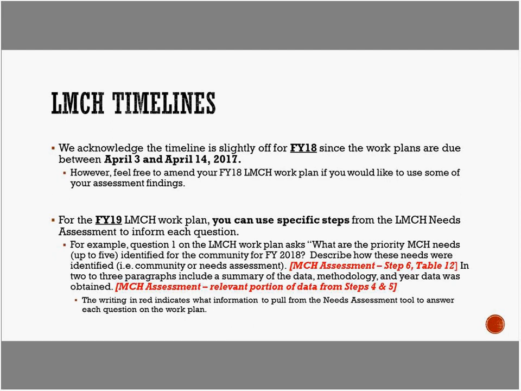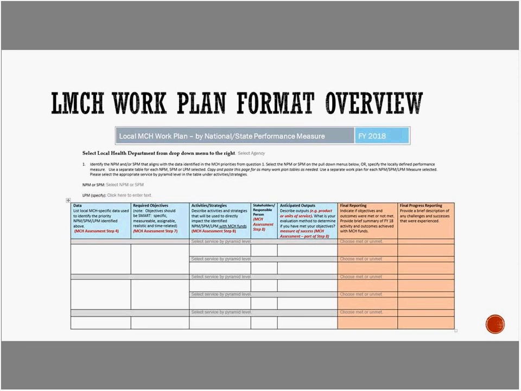One thing you probably noticed in your local MCH notification is that in the local MCH plan, highlighted in red, are the sections of the plan that correlate with the steps of the MCH needs assessment process. That was put in there this year just as informational.